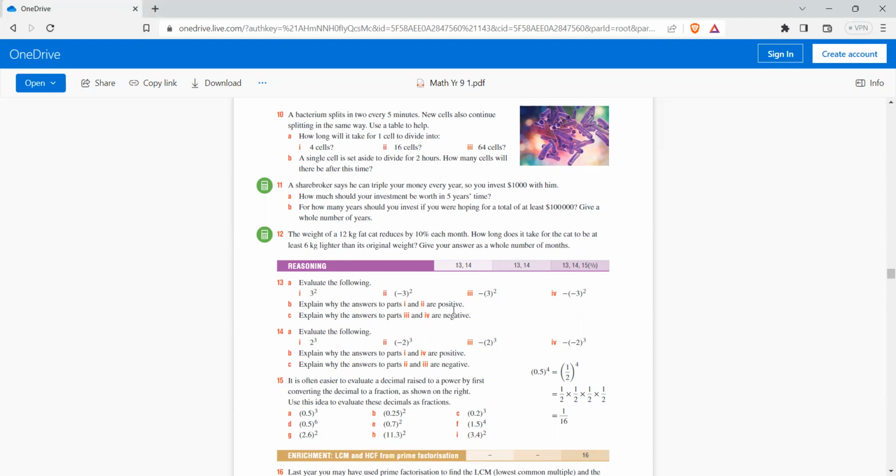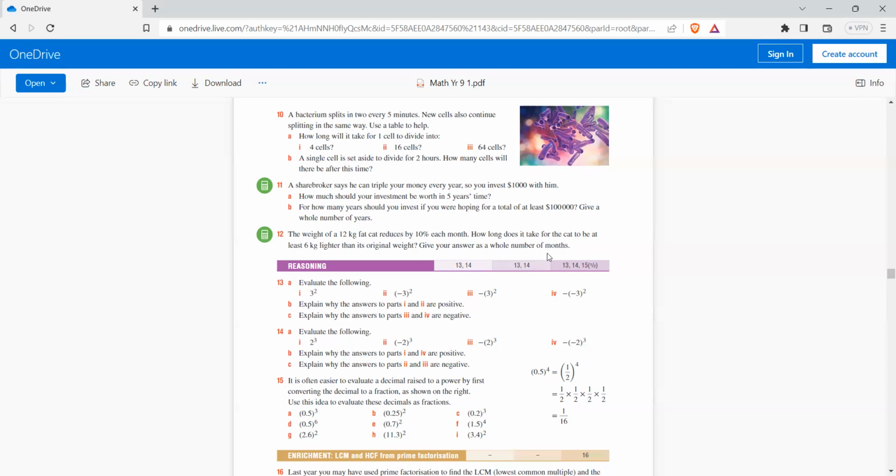Now, question number 10 is like this, right? The question is asking how long will it take for one cell to divide into 4 cells, 16 cells, and then 64 cells, right? In the same way, if a single cell is set aside to divide for 2 hours, how many cells will there be after this time?